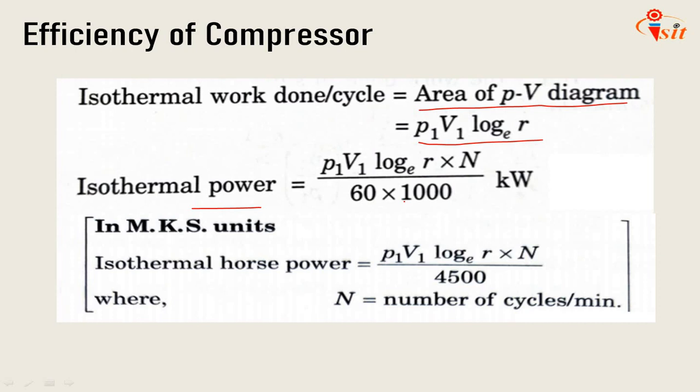In MKS units, isothermal horsepower is P1 V1 log to the base E R multiplied by N divided by 4500. We know that N is the number of cycles per minute, RPM.